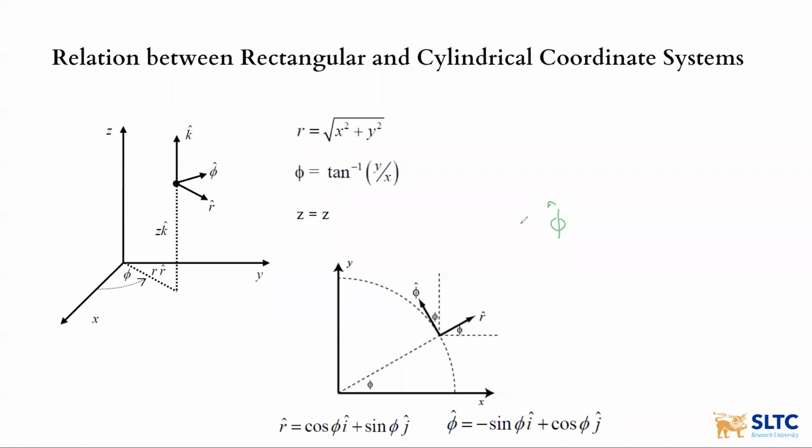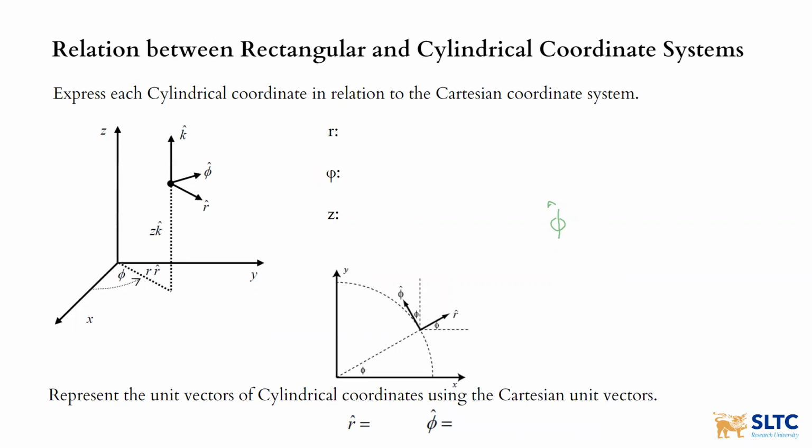Now don't confuse it with the earlier explanation that once we are moving a small distance along phi hat, that small distance is r d phi. If you're asking about that, right? So now if you are in this position, let's take only the xy plane. When we are defining the unit vector along this phi angle, we denote it using phi hat, and the magnitude of phi hat will be 1, because it is the unit vector.